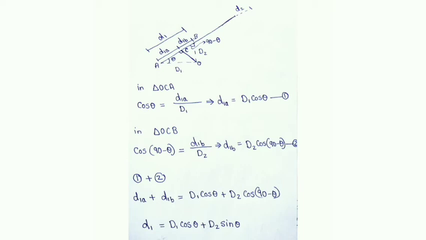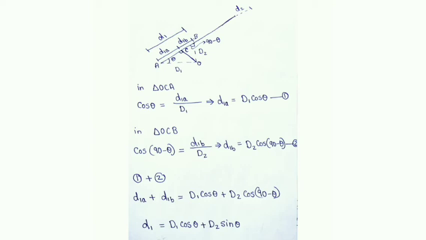Here you can see the displacement small d1, capital D1 and capital D2 can be taken as the sides of a right-angled triangle AOB, which is right-angled at O with angle A equal to theta, which is the inclination of the member. So angle B will be 90 minus theta.